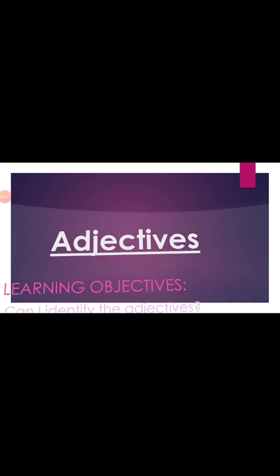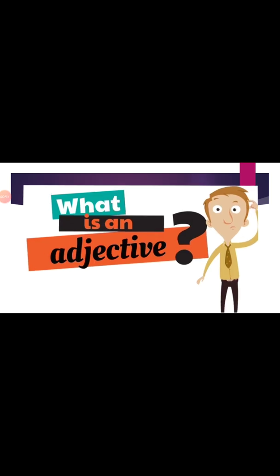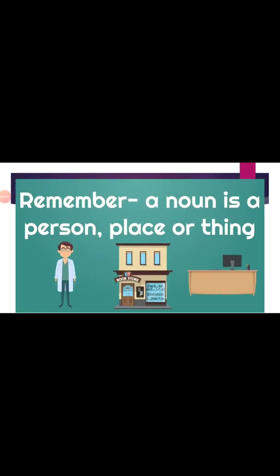Okay, can you tell me what is an adjective? In order to understand what an adjective is, you have to understand what a noun is. Noun is a person, place, or thing. A person like a doctor, a place like a bookstore, and a thing like a desk.